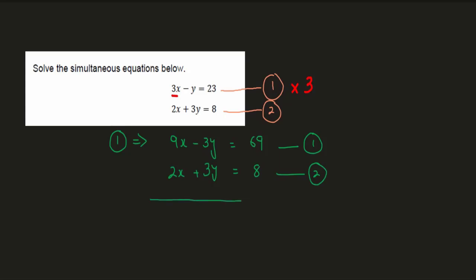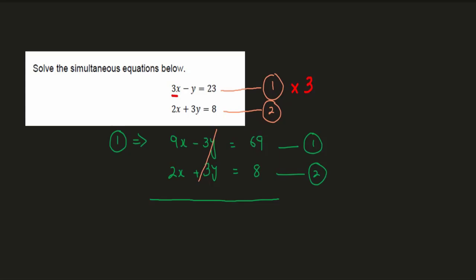So I'm just going to put a line right here. Now I have to cancel out y. I can only cancel out if in both equations the signs are opposite of each other. I can see in the first equation it's minus 3y and in the second equation it is plus 3y. So I can easily cancel these two and I don't need to change the signs.